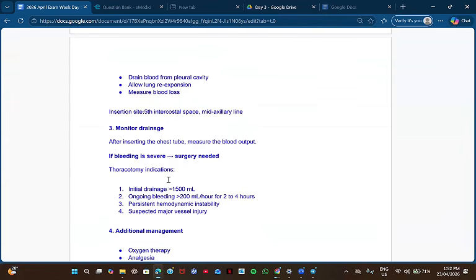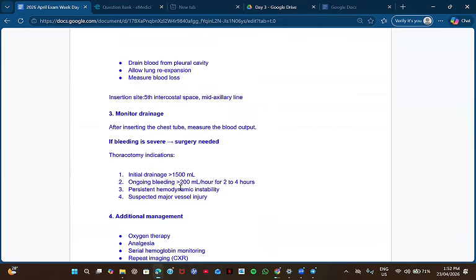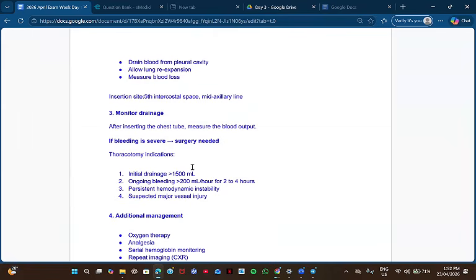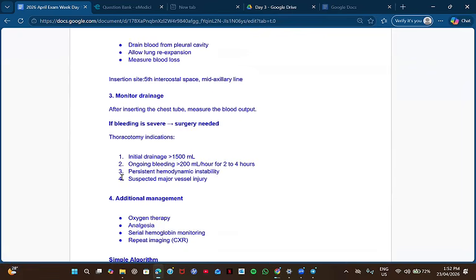So, thoracotomy indications: what are they? Initial drainage of more than 1.5 liters. Ongoing bleeding of more than 200 milliliters per hour for 2 to 4 hours. Persistent hemodynamic instability. Suspected major vessel injury. These are the main indications for going with thoracotomy. Very important, right?